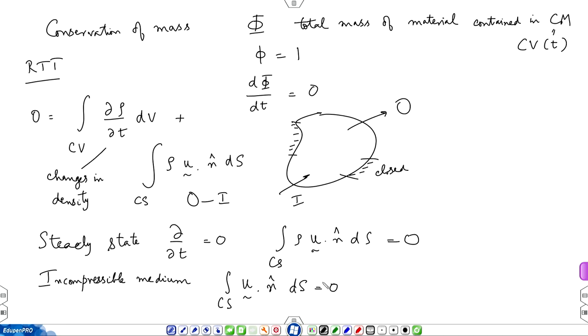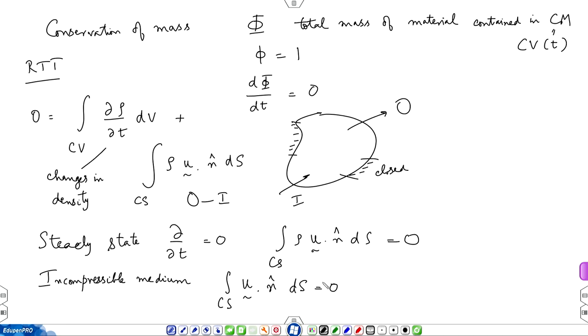In any case, these are all integral equations. Now, what does integral u dot n ds remind you of? How much is it equal to? Correct, but in your courses on vector calculus, there is a relationship.